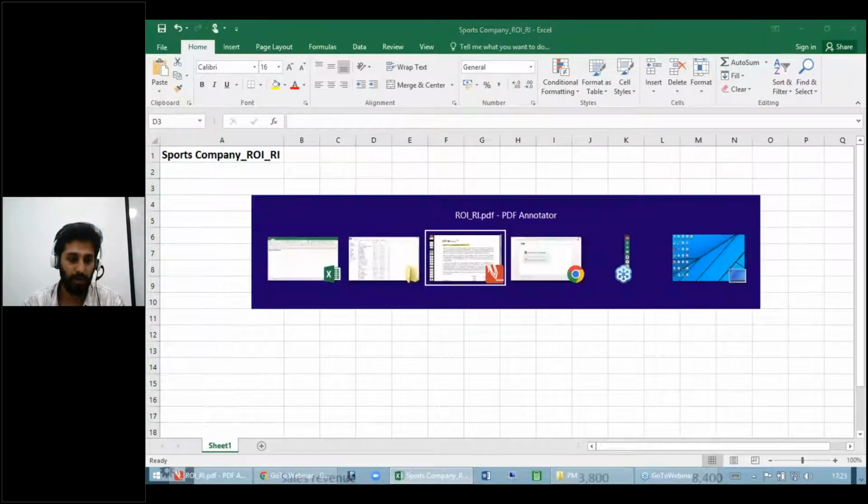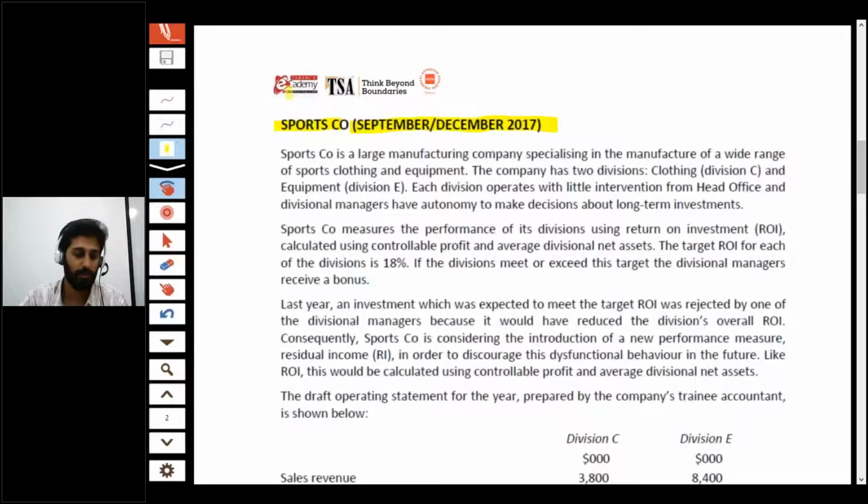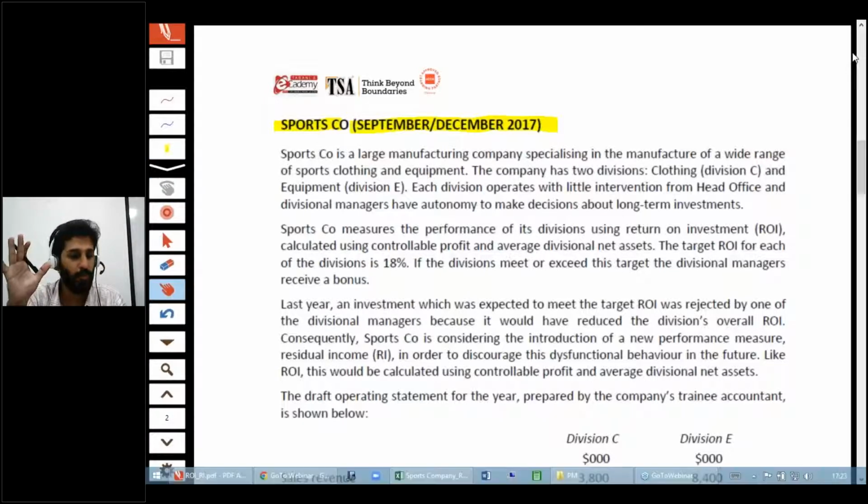Now let's move on to this specific question. Let's read out the requirement first, then we will be moving ahead.